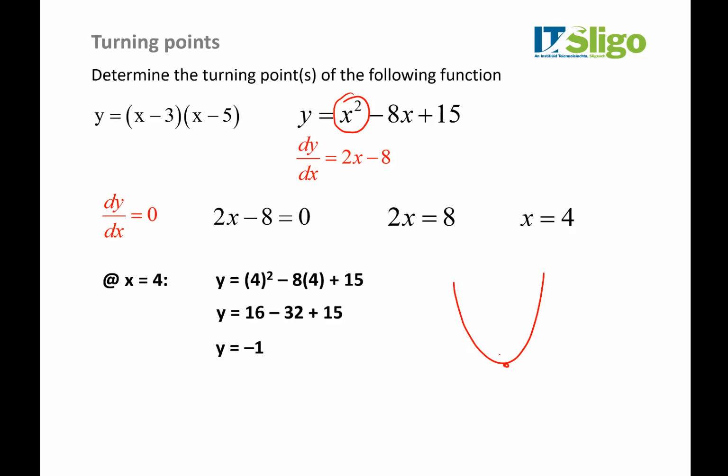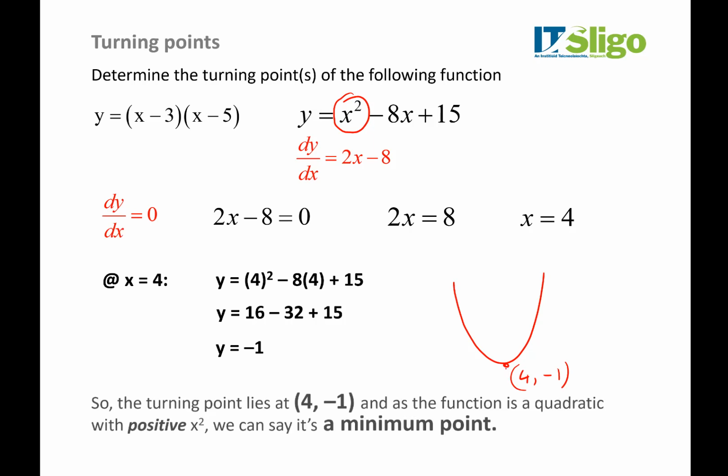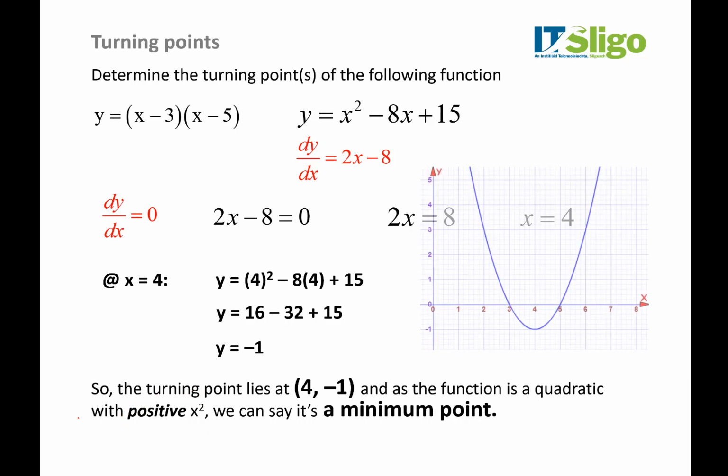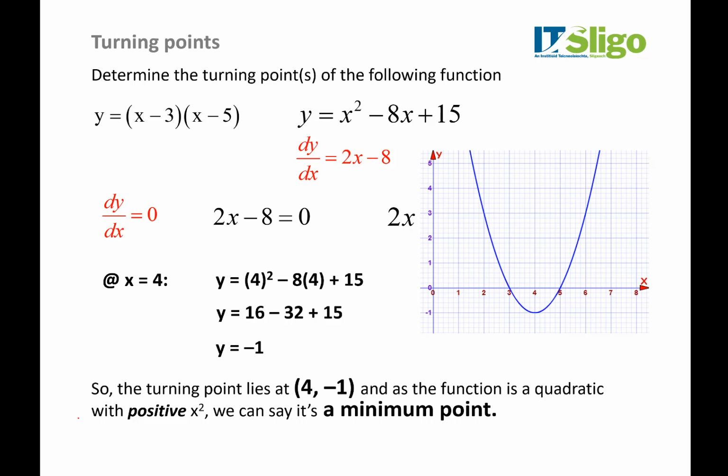Our turning point now we figured is at (4, -1). Because it's smiley, our turning point must be a minimum point. So a positive x squared gives us a minimum point. There's just a quick picture of the graph.